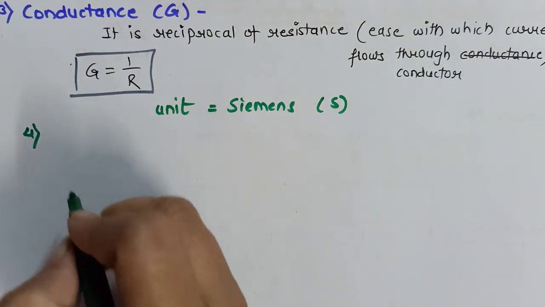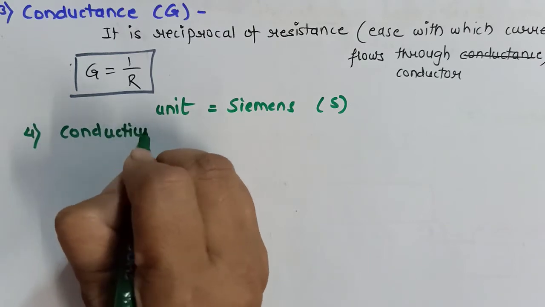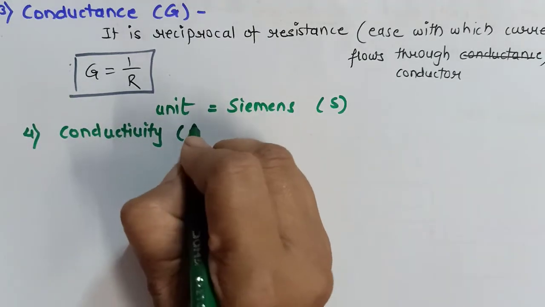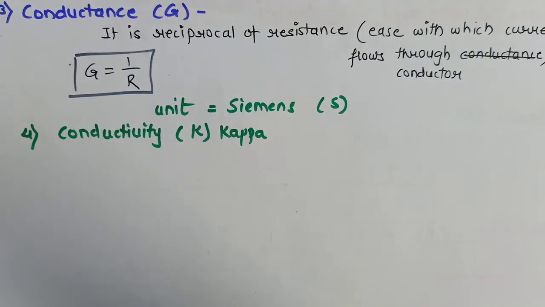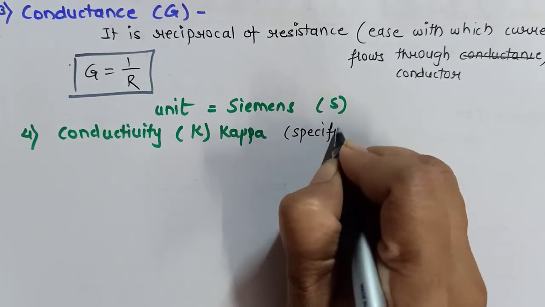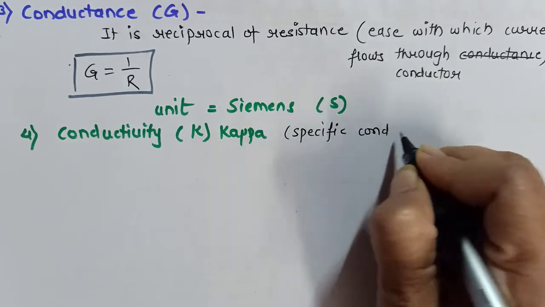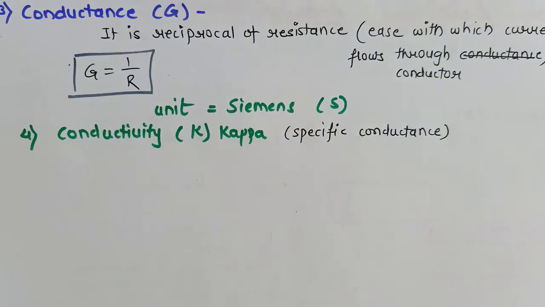Now the next is conductivity. Conductivity is denoted by K. We call it kappa. It is also called specific conductance. So do not get confused if the question says conductivity or specific conductance. Both mean one and the same thing.